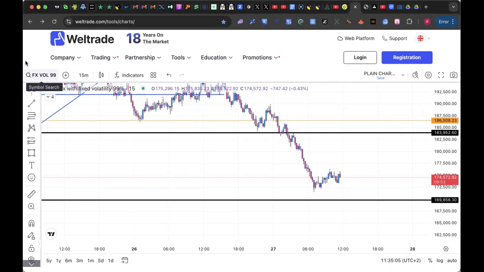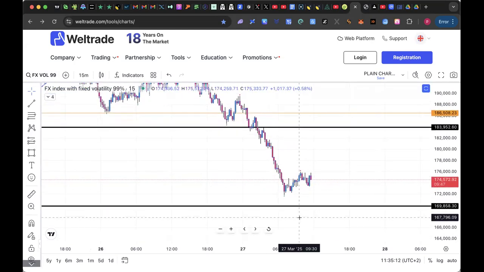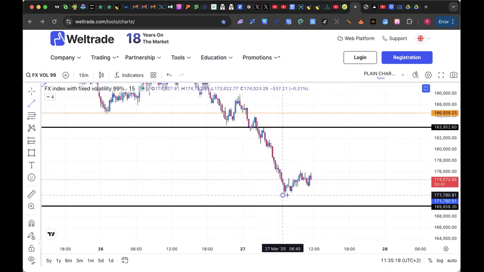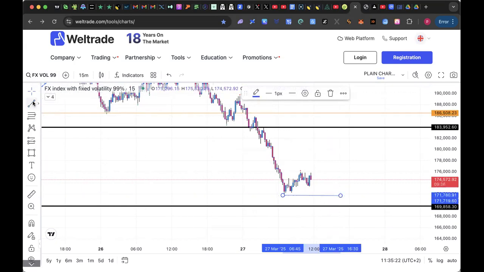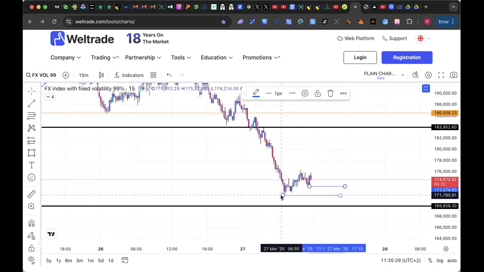So now let's go here for this. Right. So now this is the 15-minute time frame. The key level down here. The market has moved from this point. So this is actually a low and a high.